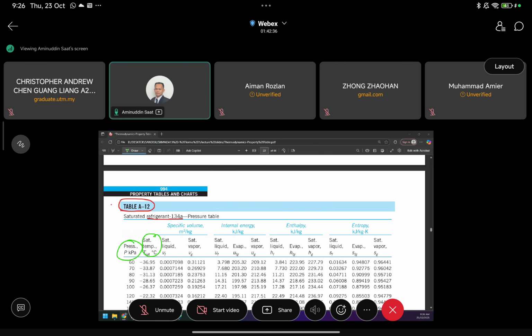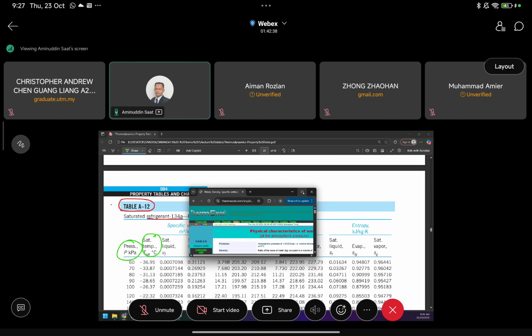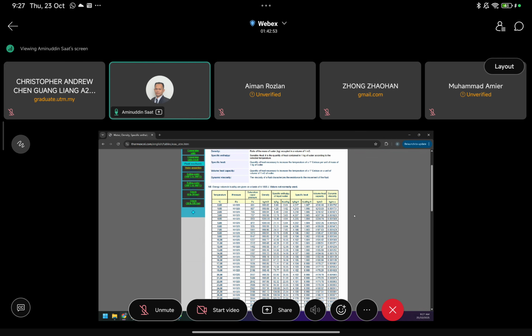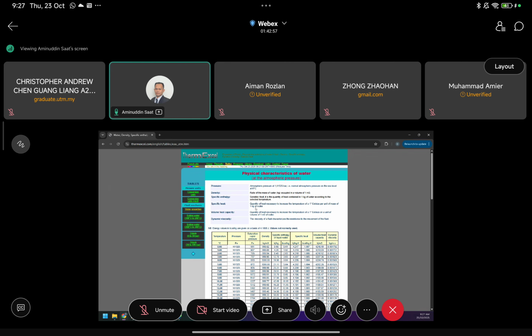So if you look, okay, this is one example of table properties that can be accessed from online. So same thing, this is a different temperature pressure.